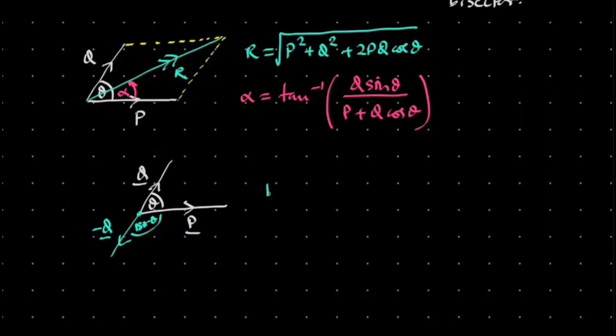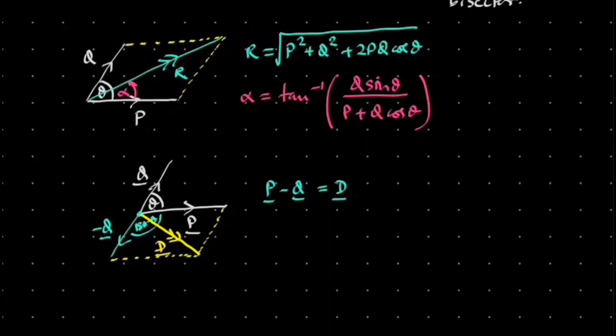Now constructing vector P minus vector Q, let's call it vector D for the difference, the magnitude of D can be taken by constructing the parallelogram here, and that magnitude would be equal to this vector D.